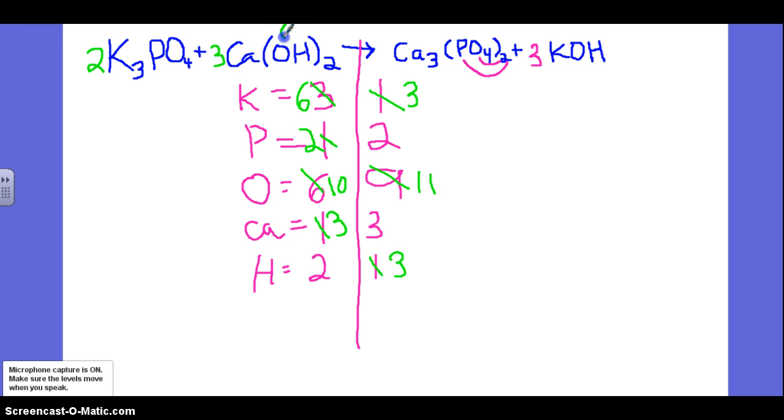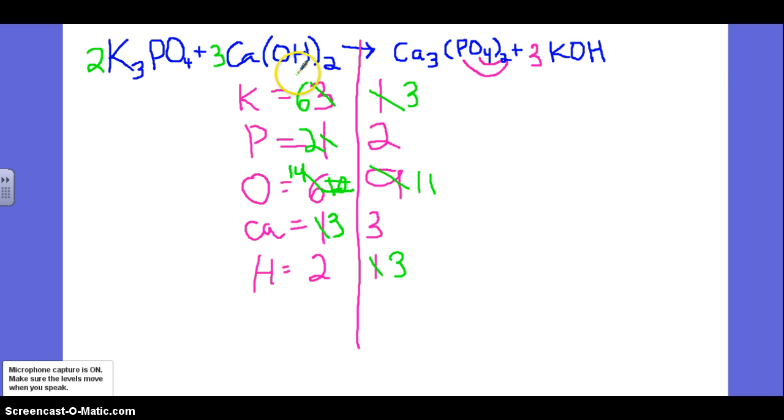So I have 6 oxygens just from the calcium hydroxide, plus the 8 oxygens here. Remember that 2 is distributing over there. So I have 6 plus 8. I have 14. Oops, I messed up my calcium. I have 14 oxygens on the reactant side. That's a lot of oxygens.